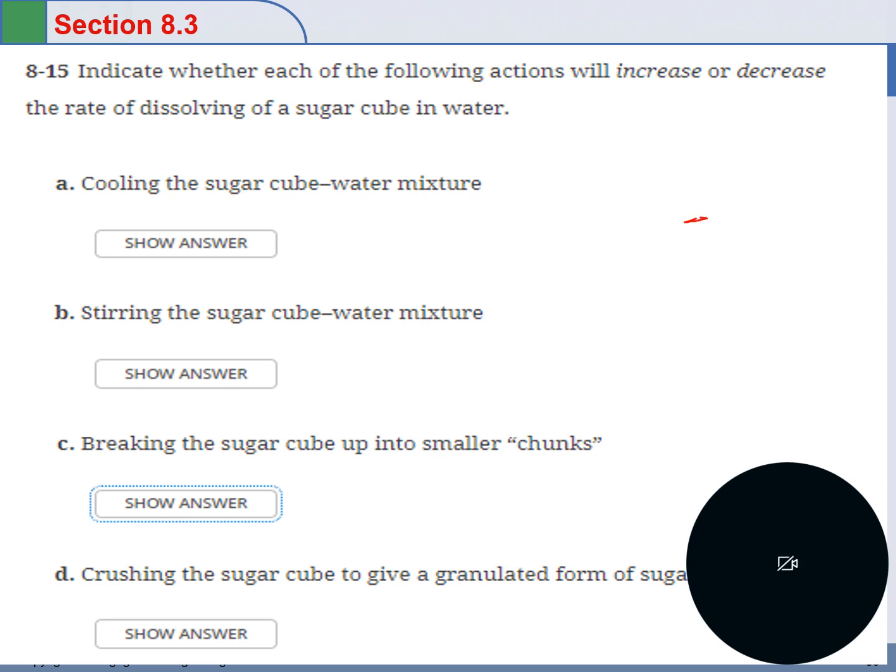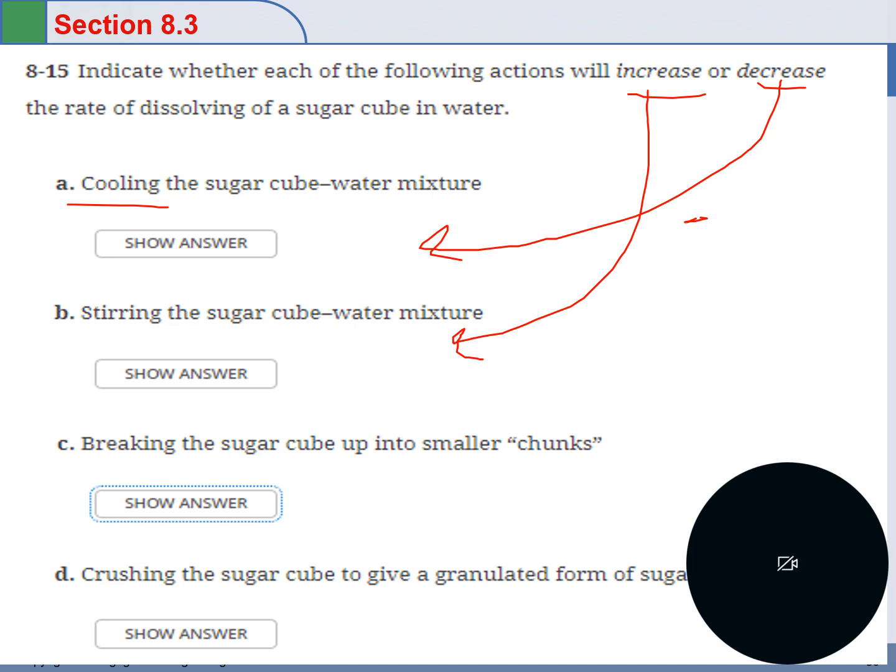Here's another learning check. Again, I encourage you to pause the video, see if you can figure out whether the actions will increase or decrease the rate at which dissolving will occur with sugar cube and water. Welcome back. So cooling will definitely decrease our sugar cube mixture. Next up, stirring the solution, that should increase it, because that's agitation.